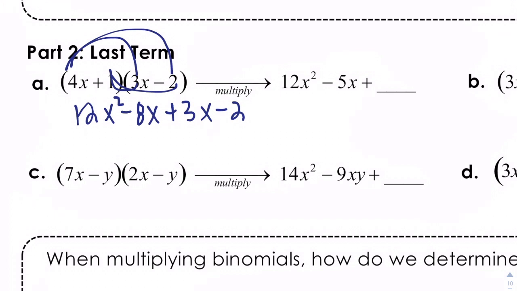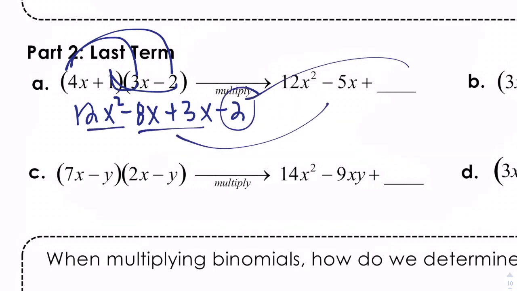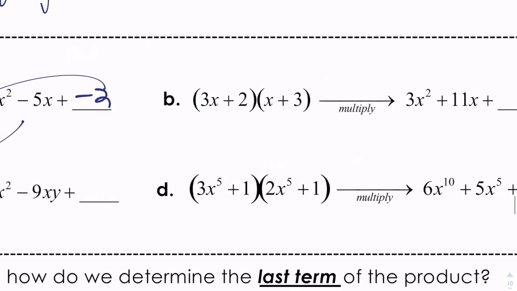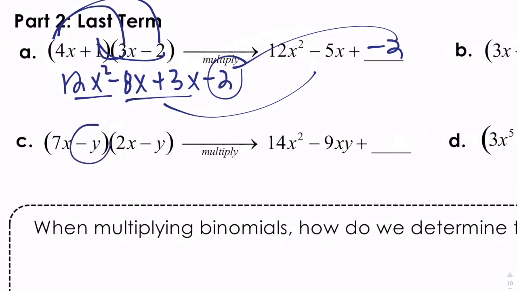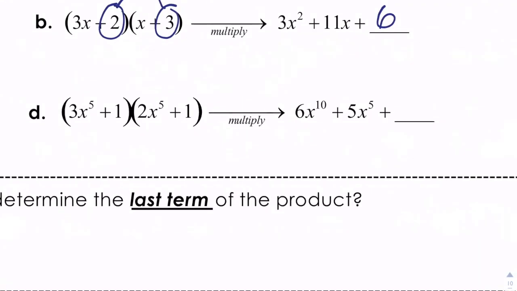So it all matches up, right? And then the last thing we have to fill in is this negative 2. We might start to see a pattern that this last term is always just whatever these last terms are. So this should be plus 6. Negative y times negative y should be plus y squared. And this should be 1 times 1, which is 1.